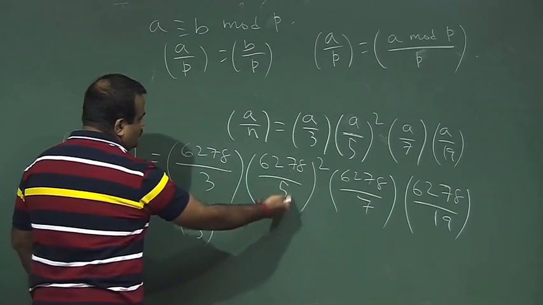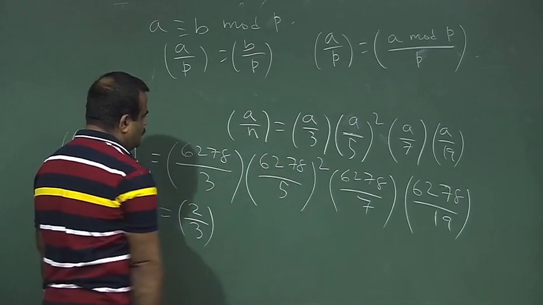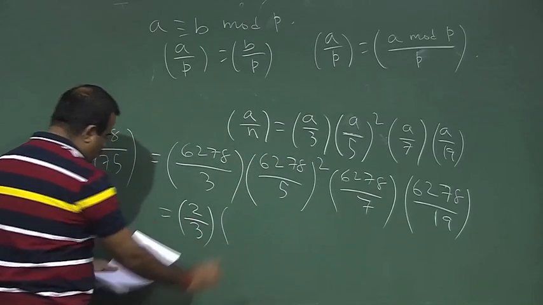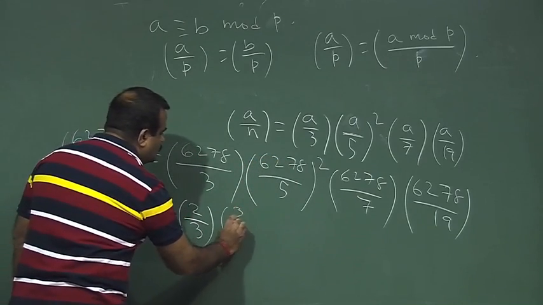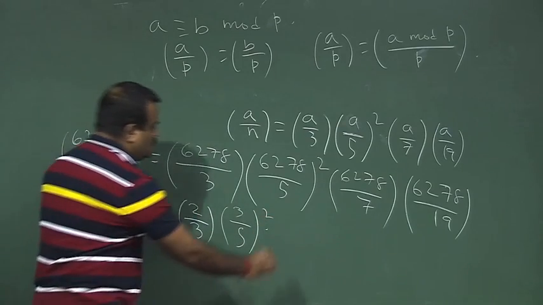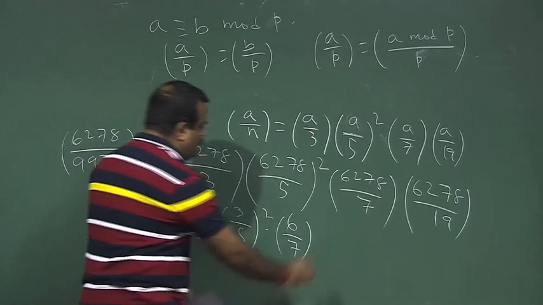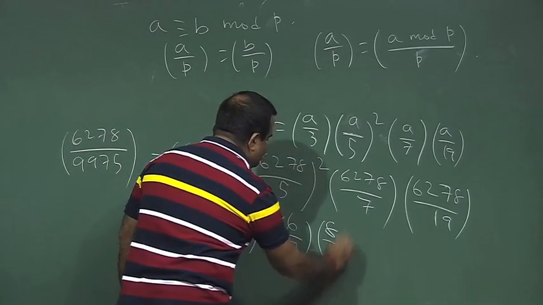If we divide by 5, the remainder is 3, so 3 by 5 square, into 6 by 7, into 8 by 9.